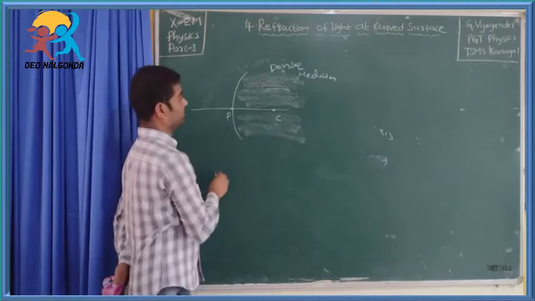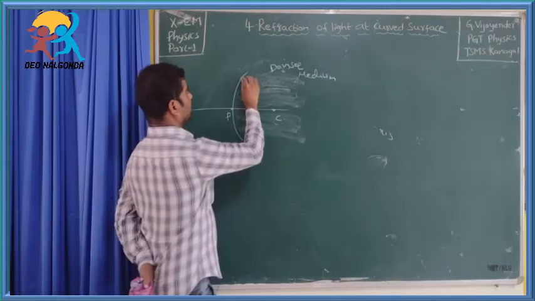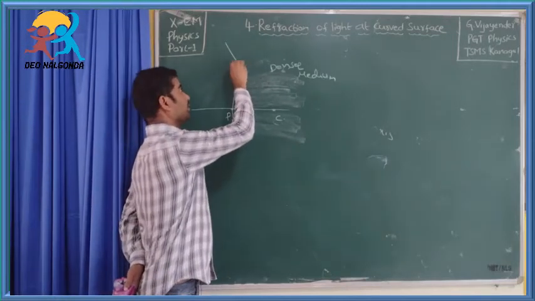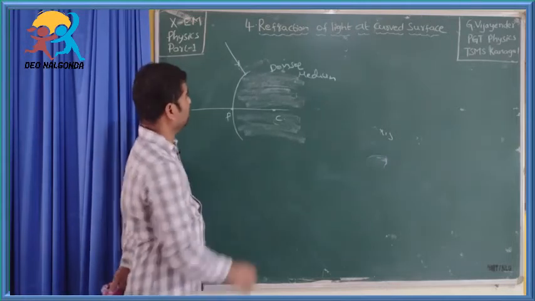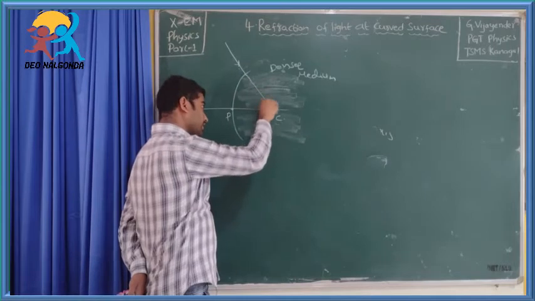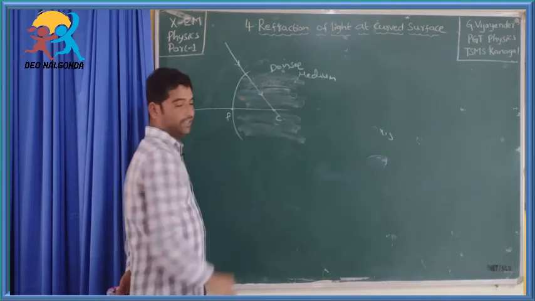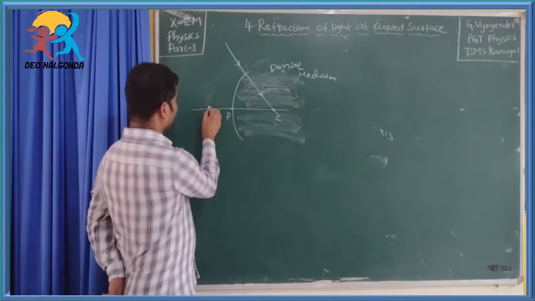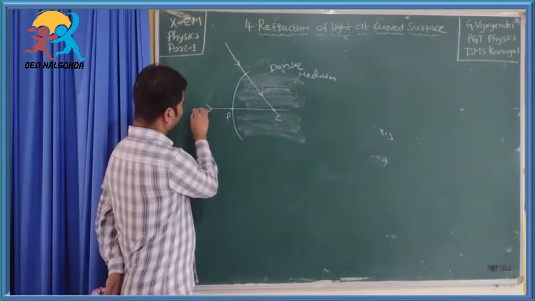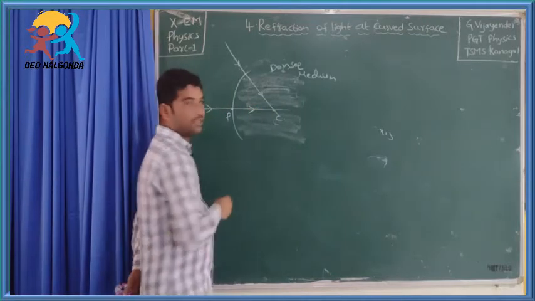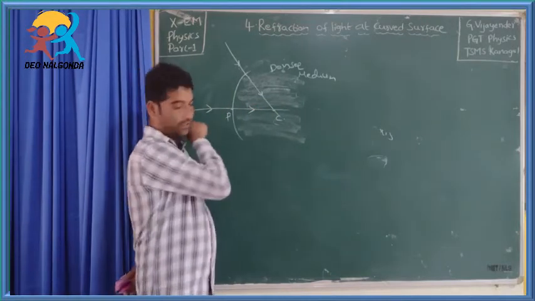Here the light ray appears to pass through the center of curvature, that means along the normal. The refracted ray is undeviated, meaning its direction does not change. Here also the incident ray is traveling along the principal axis or normal or center of curvature, then the refracted ray is undeviated.